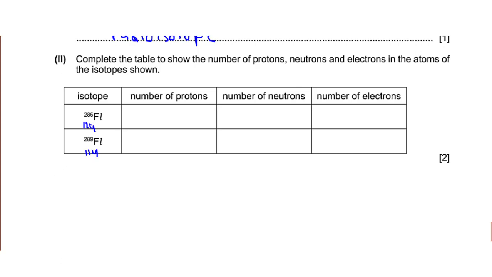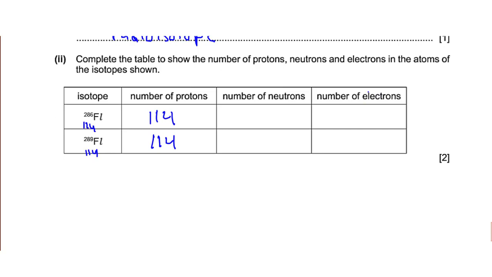Proton number is a fixed number. It's like a fingerprint for humans. So here 114, and this is 114, the same. Only the difference is in the nucleon number due to the difference in the number of neutrons. So number of protons here is going to be 114. The same here for the second one, 114. Proton number is the fixed number of protons.